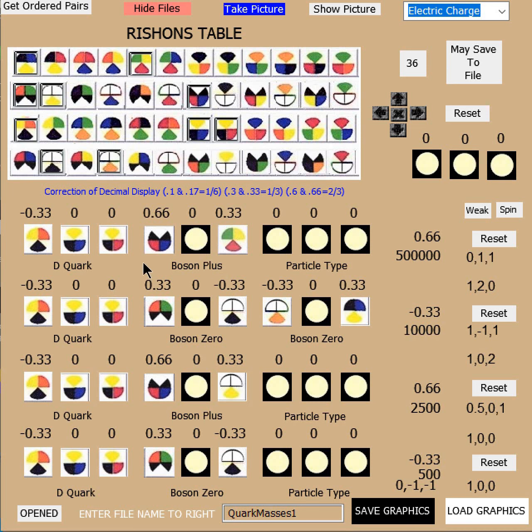And what we want to see is what happens as the combinatorial value for the scalar bosons changes. So let's go down here to the B quark.